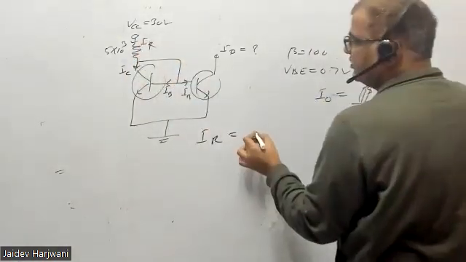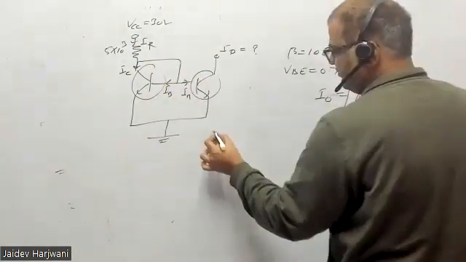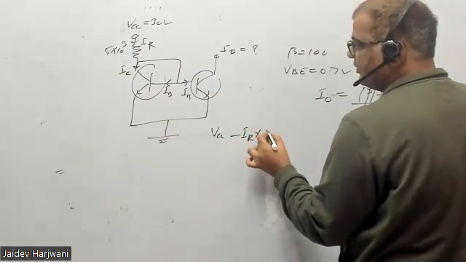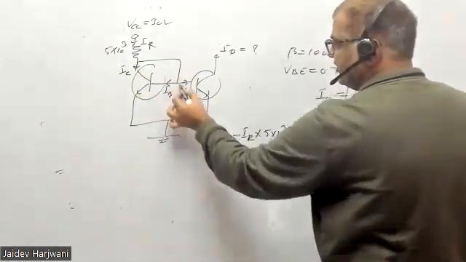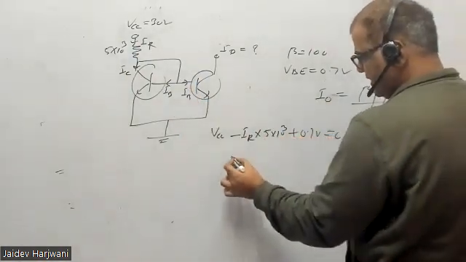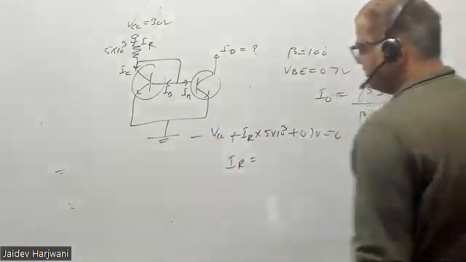Okay. So this is 30 volt VCC. VCC minus IR into 5 kilo ohm, and then I come here, VB 0.7 volt equals 0.